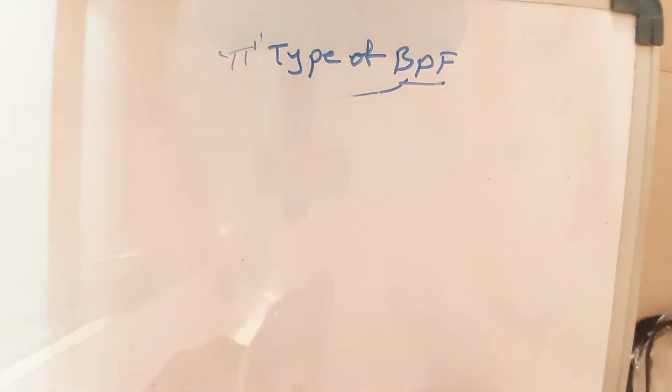So firstly students will draw the pi type of high pass filter and pi type of low pass filter. So take this one as an activity. I will wait for 1 minute. So just draw the pi type of high pass filter and pi type of low pass filter firstly.